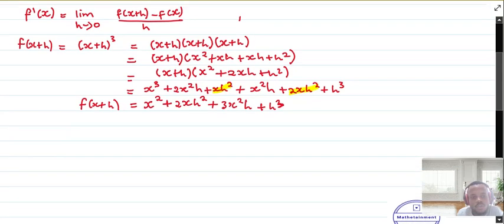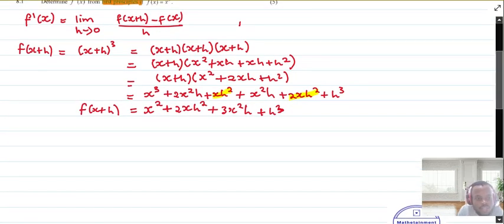So we go back to the formula for differentiation using first principle, which becomes the limit as h tends to 0.